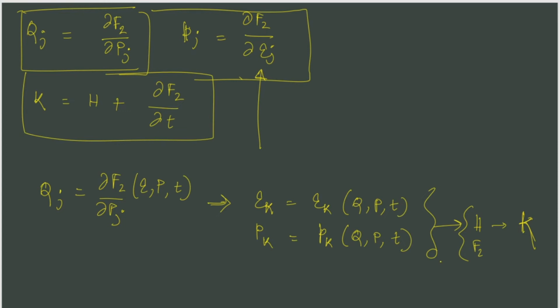Now we can try to look at some simple examples. For example, suppose F1 is given, it's not a function of time, and this is the function. Then what would be the new momentum, the old momentum and the Hamiltonian?